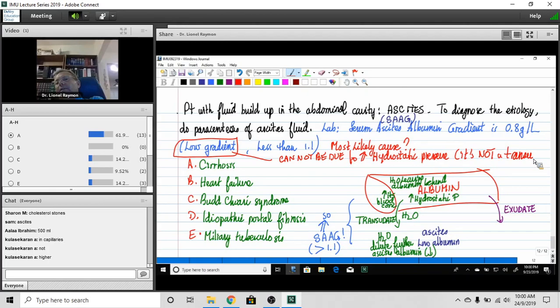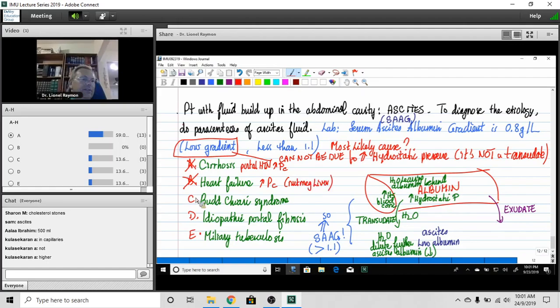Because now it means my favorite choice, cirrhosis, is out. This is not ascites from cirrhosis, because that would be portal hypertension, increased hydrostatic pressure in the capillaries. It cannot be heart failure, because that would increase hydrostatic pressure in the capillary, particularly right-sided heart failure. You remember the famous nutmeg liver with eventually cardiac cirrhosis?